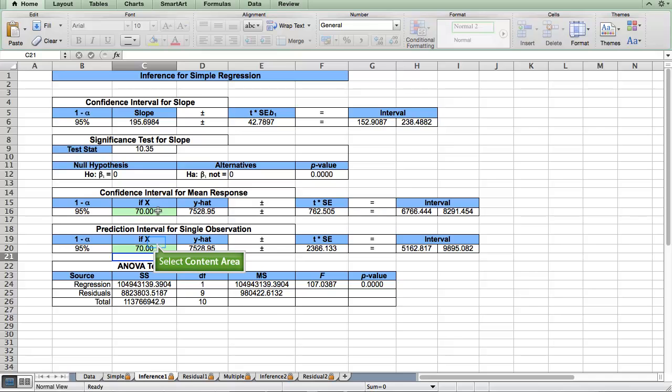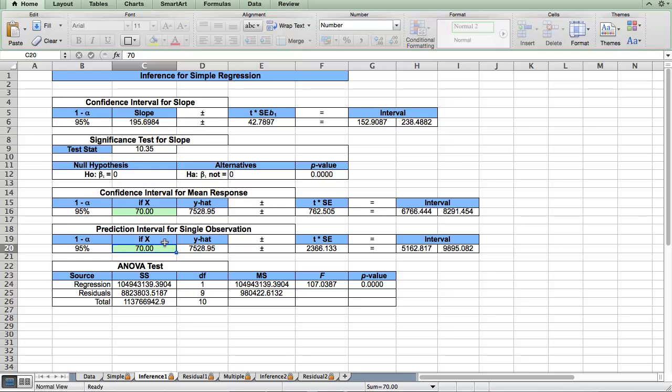So if I file a tax return with an AGI of 70,000 and my charitable contributions are outside of the range of the interval, and specifically if they are above the upper limit in our interval, this would indicate to the IRS that maybe this is an inordinate amount of charitable contributions given an AGI of only 70.